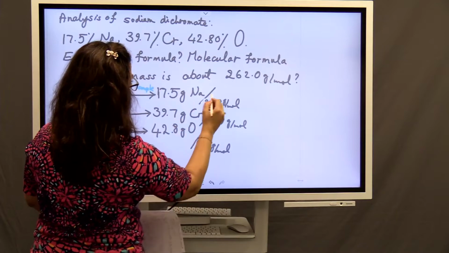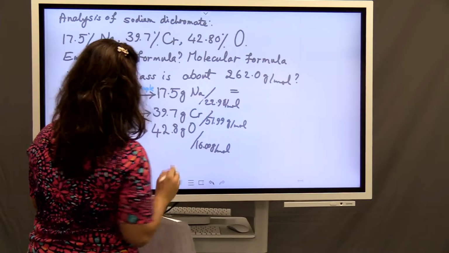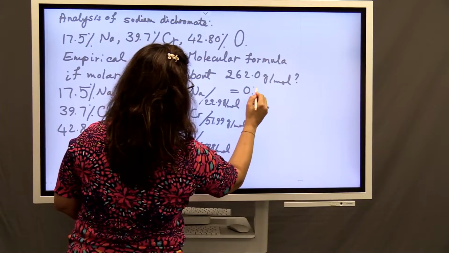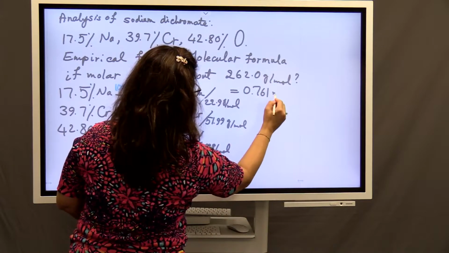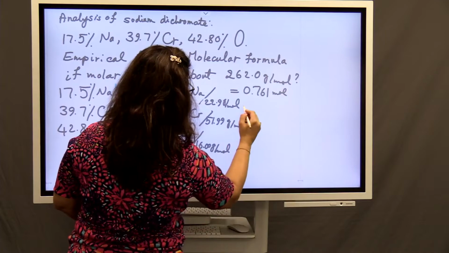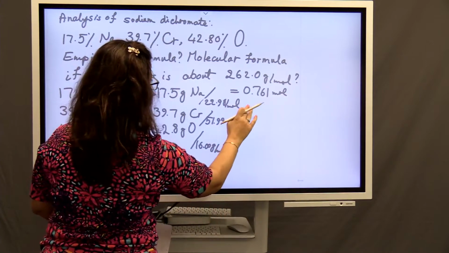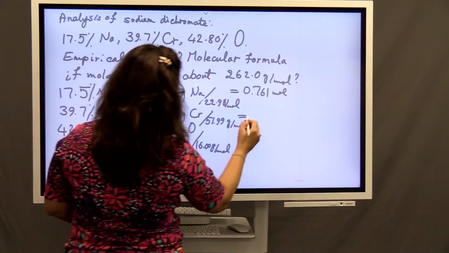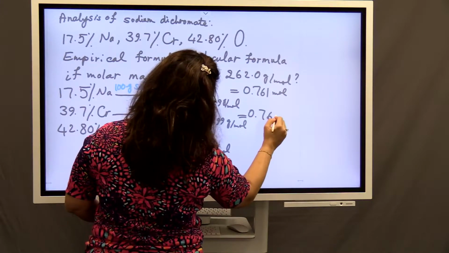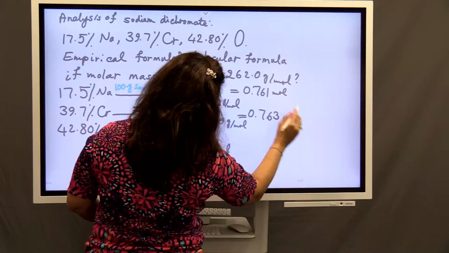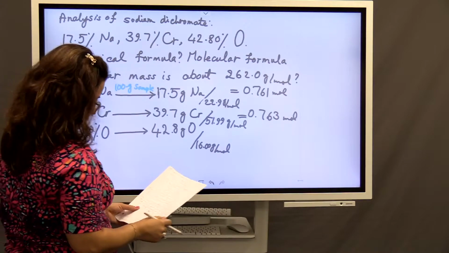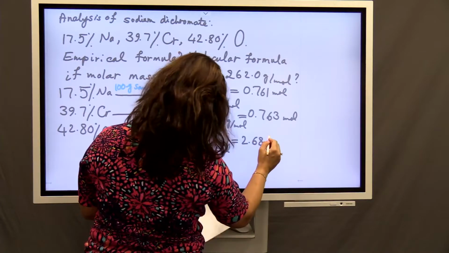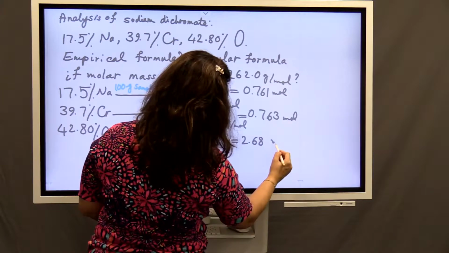So the answer for these divisions for sodium is 0.761 moles. For chromium it's 0.763 moles. All right, and for oxygen is 2.68 moles.